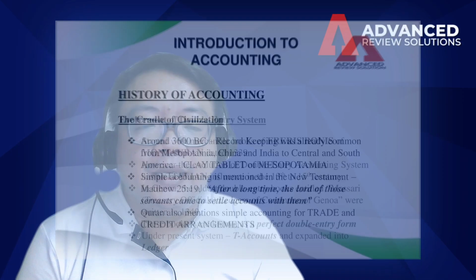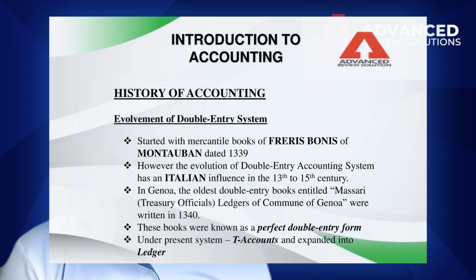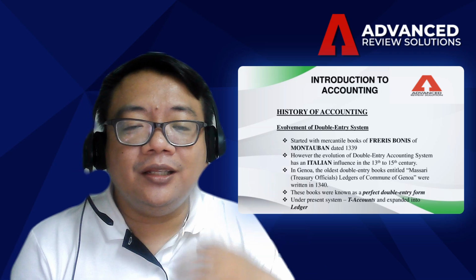Okay, that's why, class, if you notice, in terms of accounting, it is also known as the evolvement of a double entry system. It started with mercantile books, the Ferris Bonis of Montalban, pero because of the Italian influence, if you notice, there would be accounting.